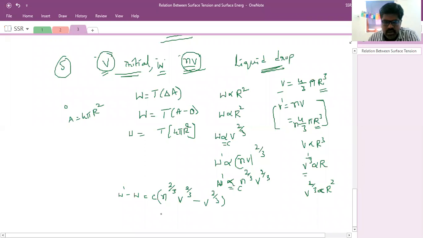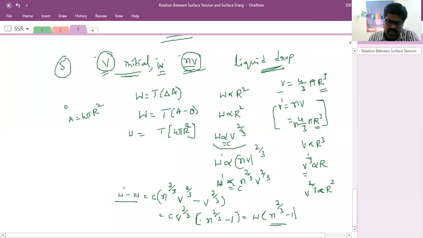So what is the value? C into V power 2 by 3 into N power 2 by 3 minus 1. The C into V power 2 by 3, what can you write? That is W. Then W dash minus W is equal to W into N power 2 by 3 minus 1.